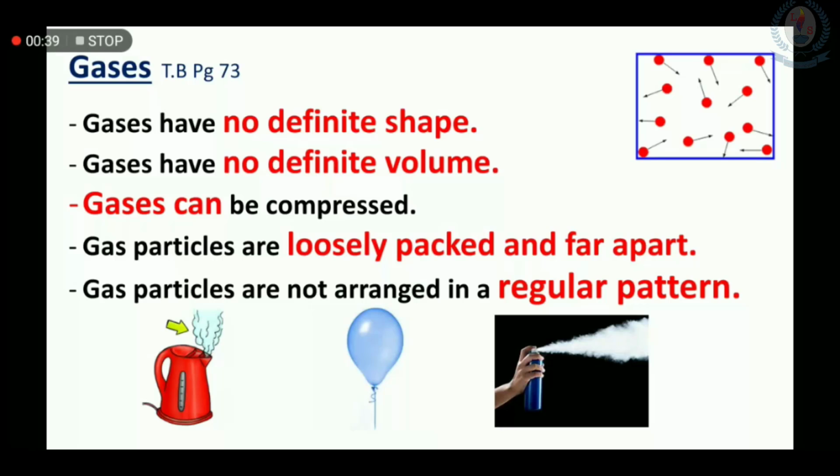Usually, gases do not have a definite volume or any definite shape. If we take some examples for gases, we can take oxygen gas, water vapor, helium gas, nitrogen gas, and so on.